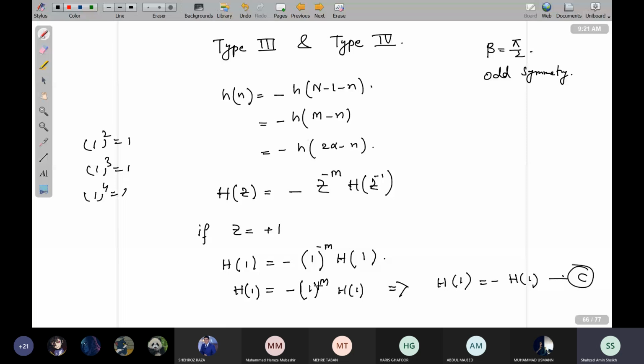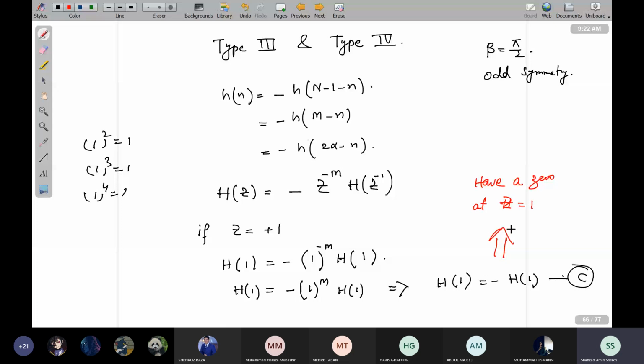So there is no restriction on m, no restriction on the number of taps. h of 1 is equal to minus h of 1, and this is forcing us to have a 0 at z is equal to 1.